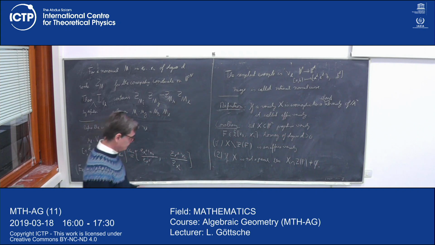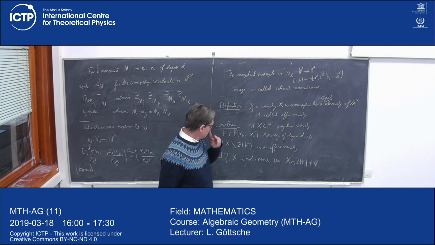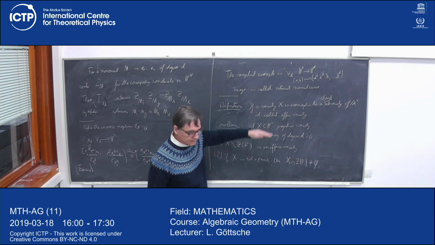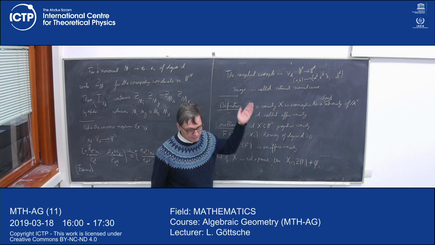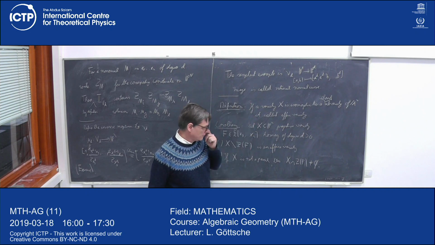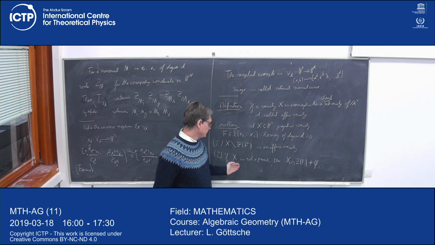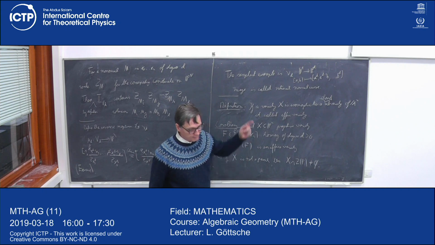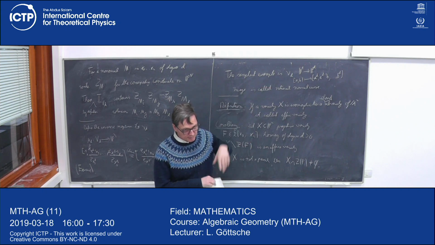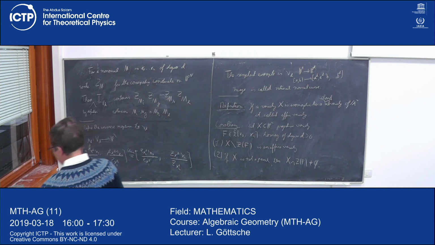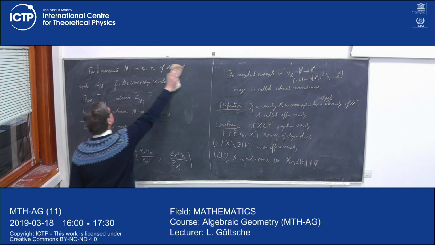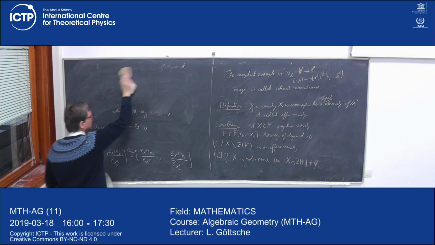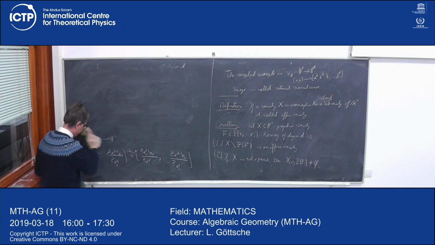So if you have a projective variety and a hypersurface of some degree d, it will always have non-empty intersection, unless this variety was a point. Obviously, then you can choose a point which doesn't lie on the hyperplane. This will be important for us when we want to study dimension of varieties.